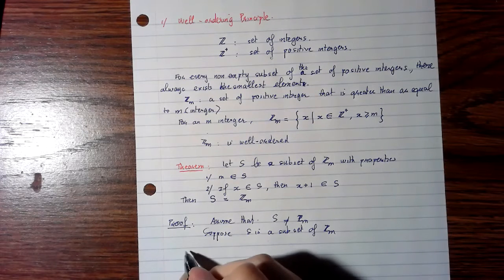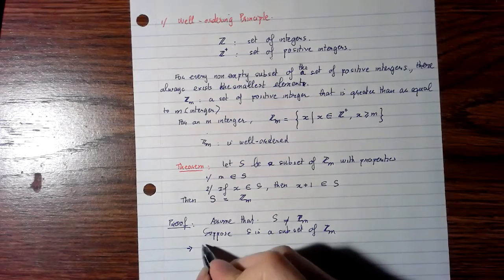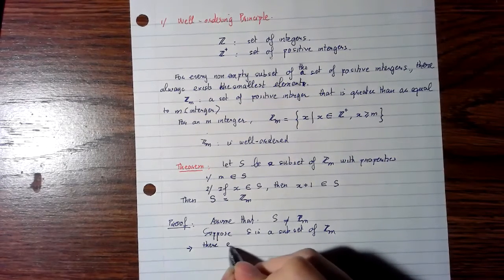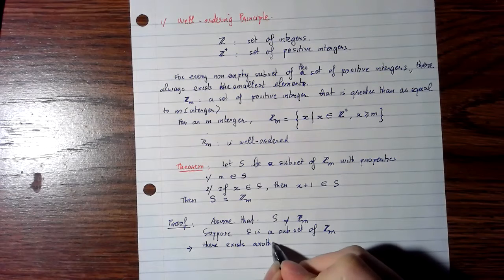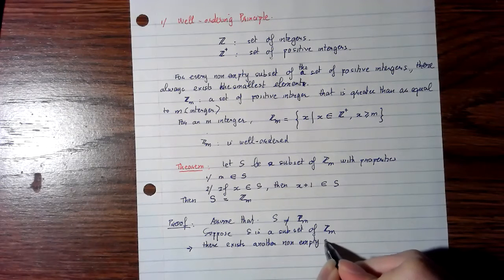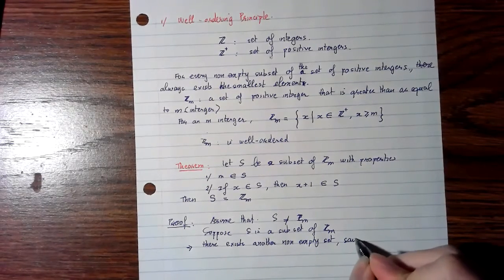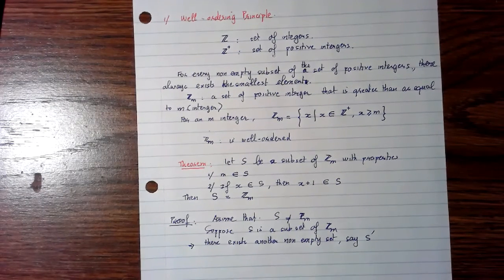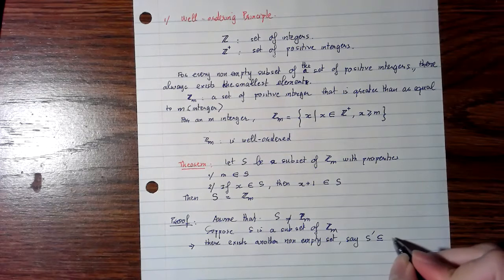This implies that there exists another non-empty set, say S prime, for example. And this S prime here is also a subset of Z sub M.